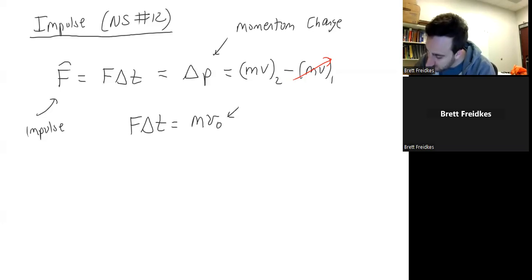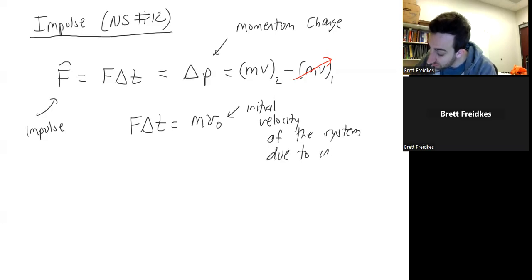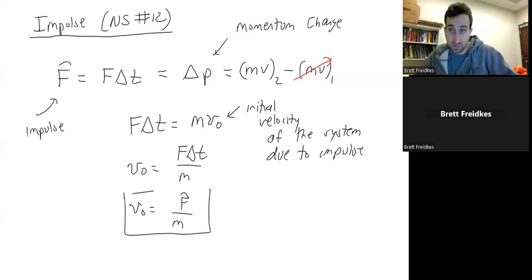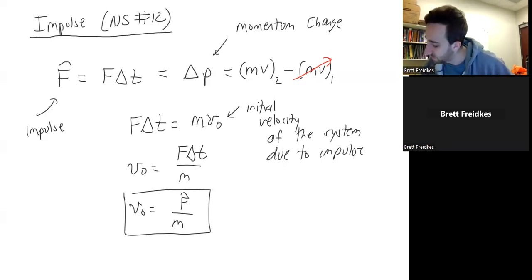This is the initial velocity of the system due to the impulse, or to the impact that occurs. So v naught is equal to f delta t over m, and f delta t we know is f hat. That's the first important point, that our initial velocity can be related to the impulse that caused the system to move.